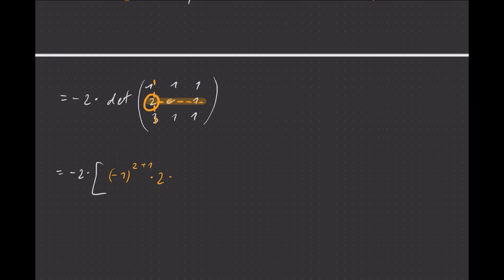So we're left with this row and this row. So that is simply the determinant of 1, 1, 1, 1. Plus, now for the second part, here's a 0, so we just have a +0 there.